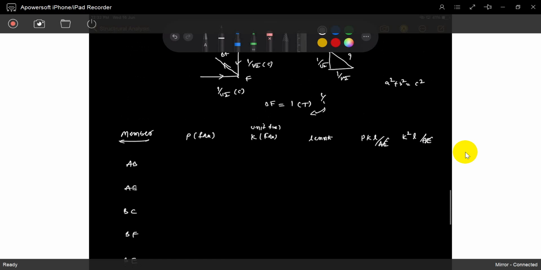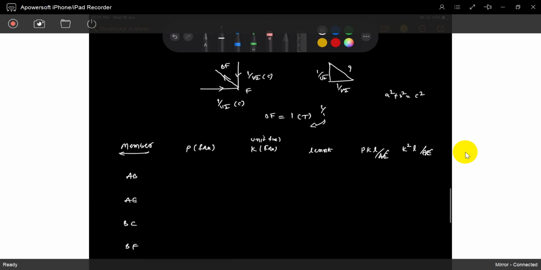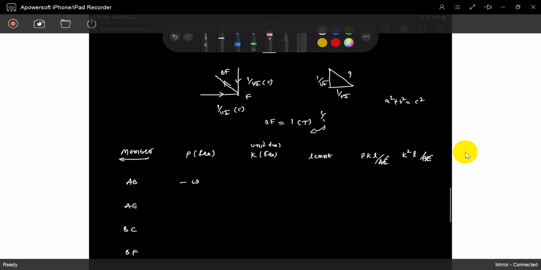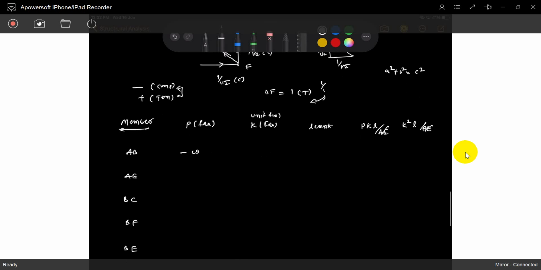For each member force, I will give a negative sign for compression because we applied tension force and derived the formula on that basis. Otherwise, no need. Otherwise you write negative is compression, positive is tension. We derived the formula based on the tension force. That's why we get a formula like this.